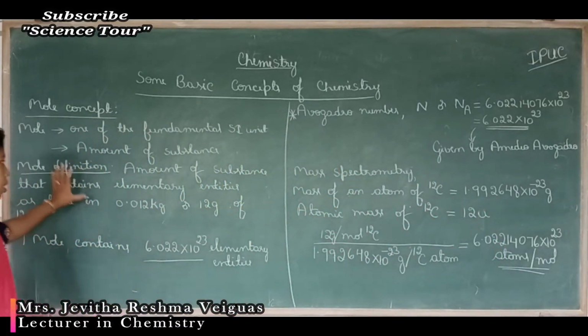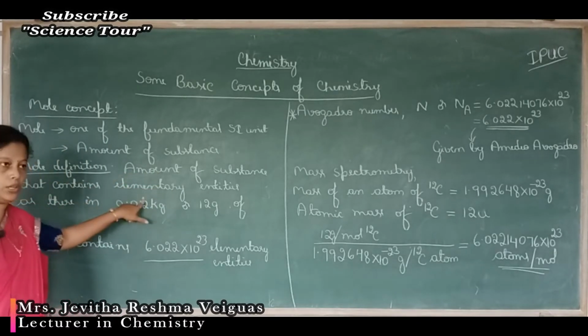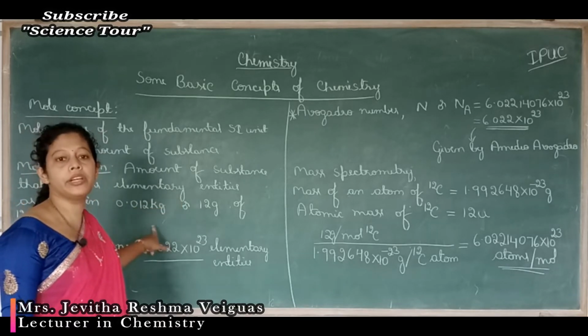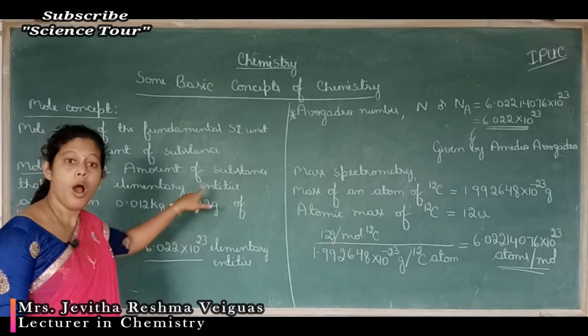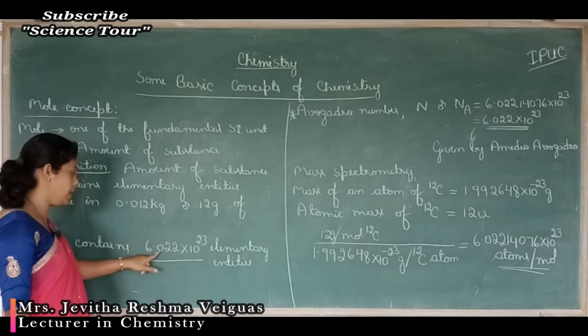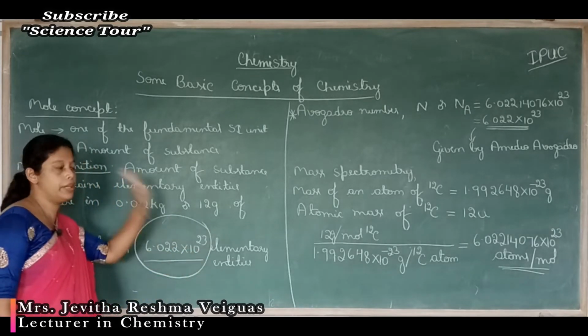So remember what is mole? Mole is the amount of substance which contains elementary entities equal to the elementary entities present in 0.012 kilogram, or 12 grams, of carbon 12. Always 1 mole contains 6.022 into 10 to the power 23 elementary entities.